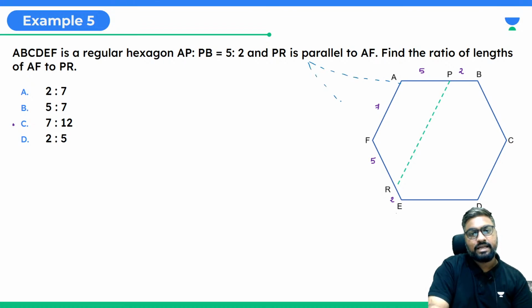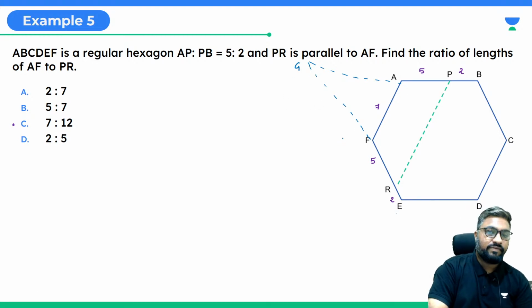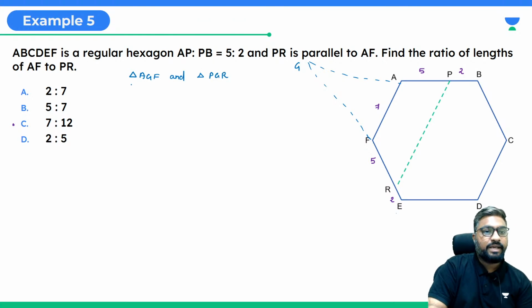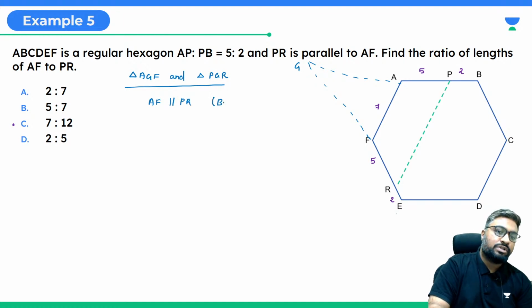If we extend this side like this to form a triangle, let's say AGF, what do you see? Triangle AGF and triangle PGR, because this is a straight line, I'm extending this like this. PGR will be similar to it because of parallel lines, since AF is parallel to PR, by the basic proportionality theorem, BPT, they'll become similar.